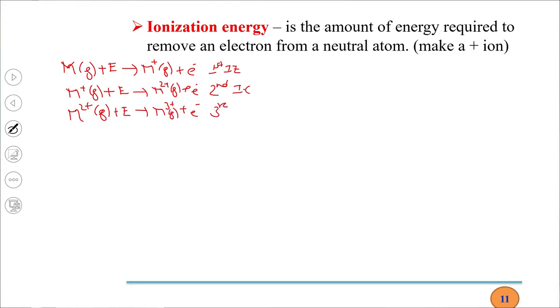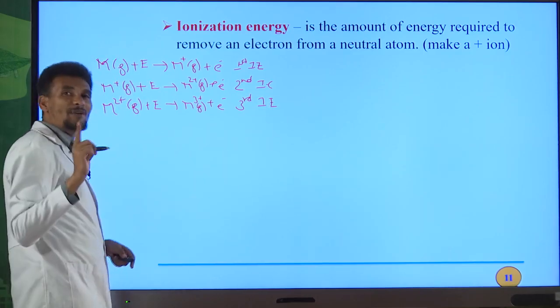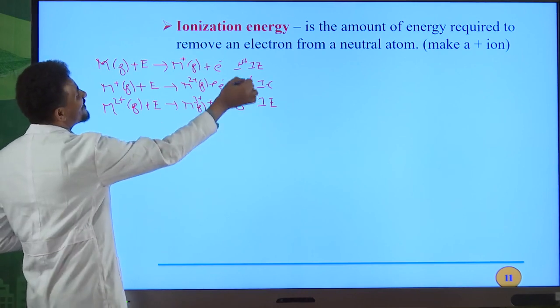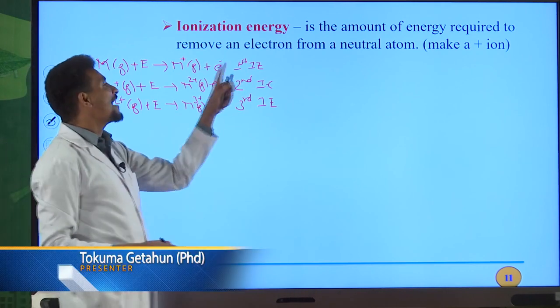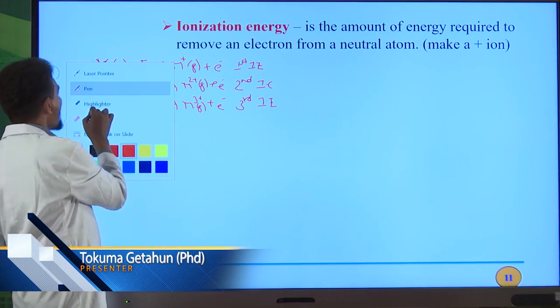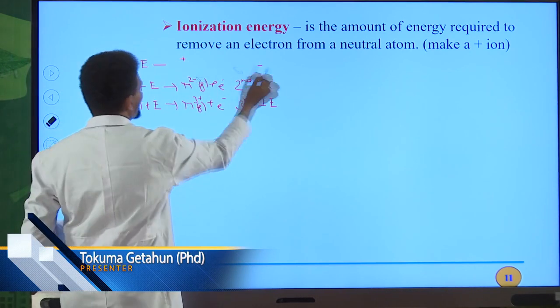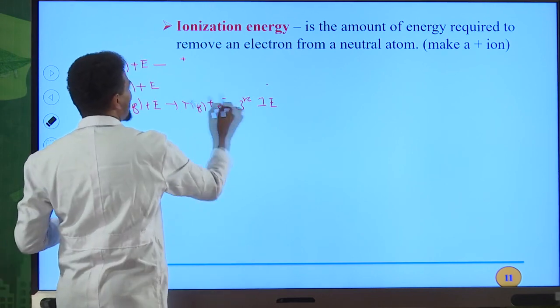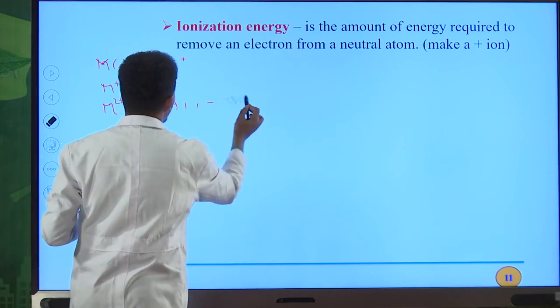This is third ionization energy. And all the time remember that third ionization energy is greater than second ionization energy, and the second ionization energy is greater than first ionization energy. So let us compare the ionization energy of some elements of the periodic table.